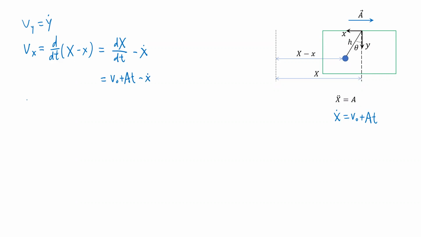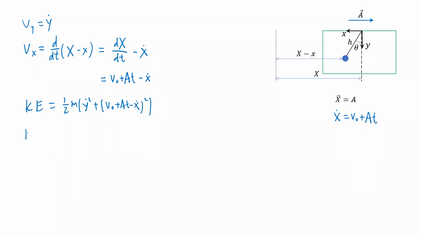Therefore, the KE would be 1/2 m y dot squared plus this whole thing squared. What about PE?